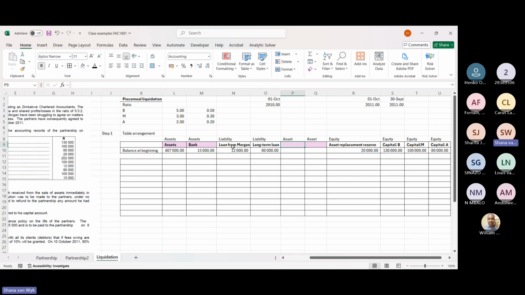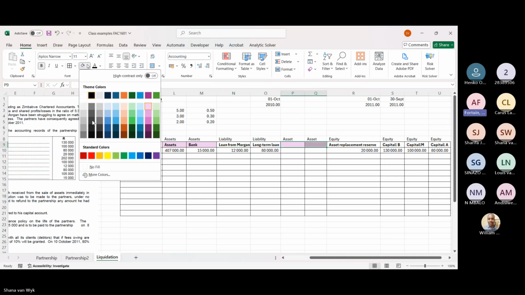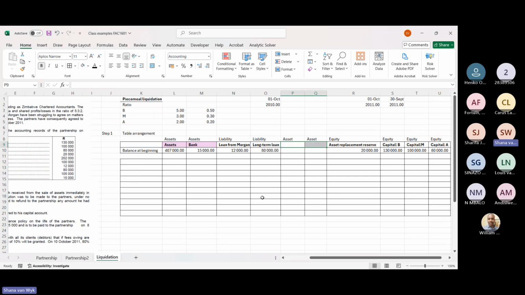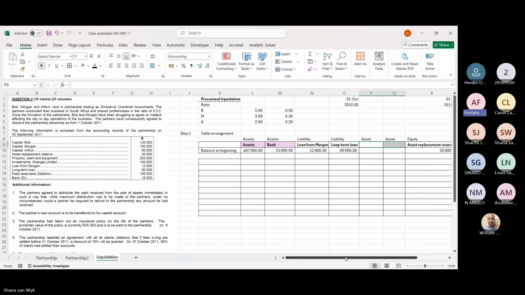Can I keep them separate, just for the fact that they asked to transfer the loan to the capital? Okay, but is your liabilities 12,000? Maybe let me check. You must add the 80,000 loan from long term. Okay, let me add it.